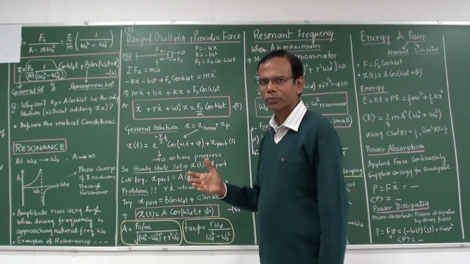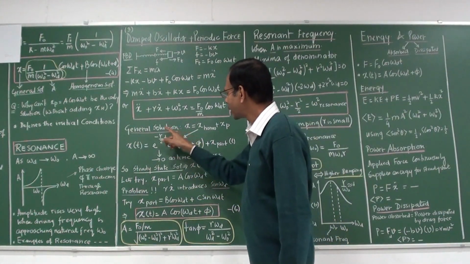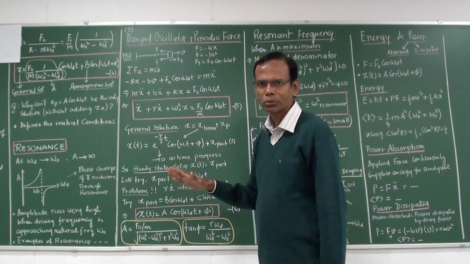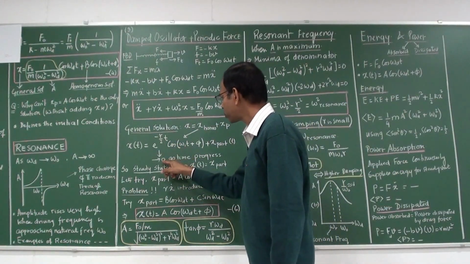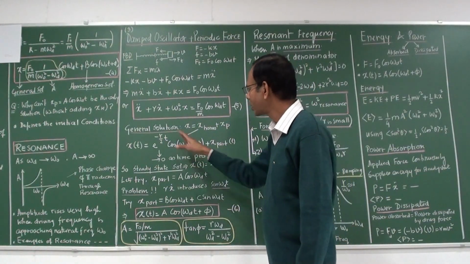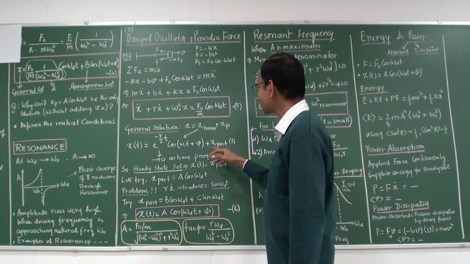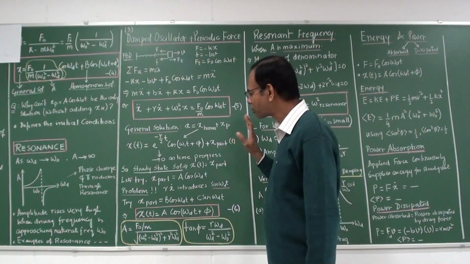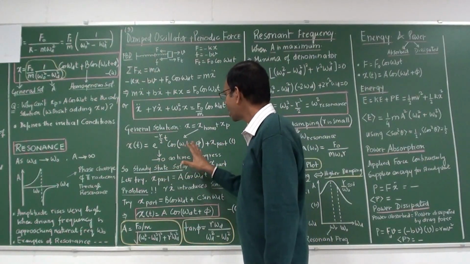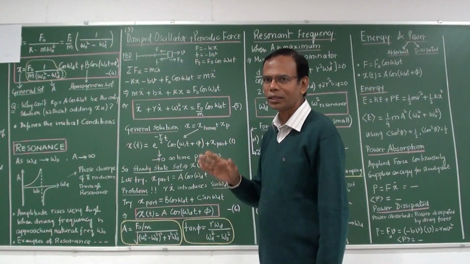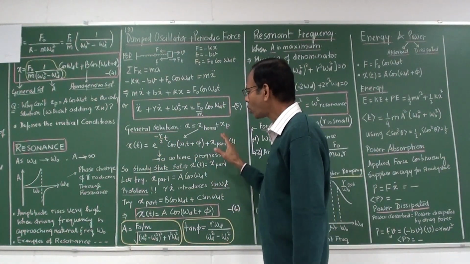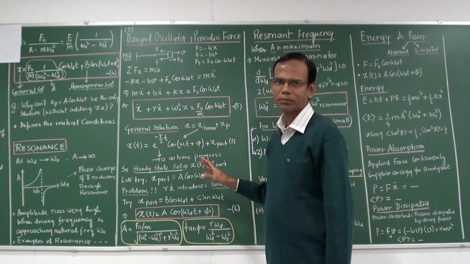But with time, e to the power of minus gamma by 2 t will die out. It will approach 0 as time progresses. After that, what remains is x particular. Presently, we are only interested in what remains after the initial time, that means after this becomes 0. We call that the steady state solution.